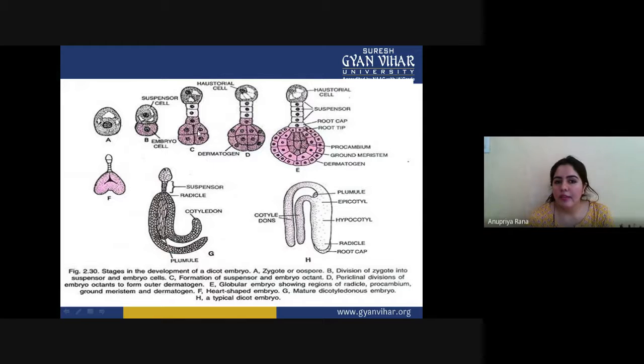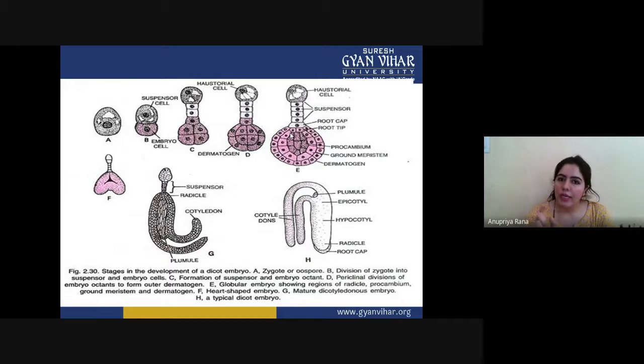The embryonal cell divides transversely and anticlinally and forms a 16-cell structure, primarily 4 cells, then 8 cells, then 16 cells. The outer layer is called the dermatogen, which is going to be converted into the epidermis. The second layer is going to convert into the cortex, and the inner layer, the plerome, is going to be converted into the vascular tissue.